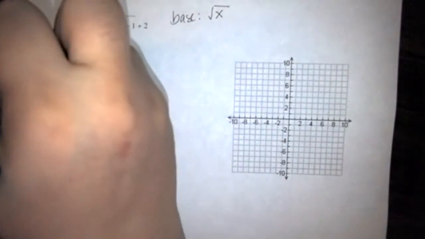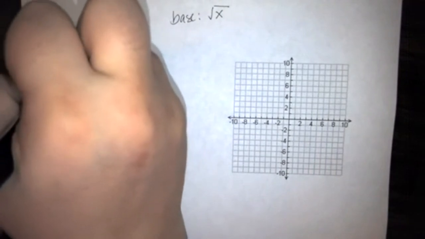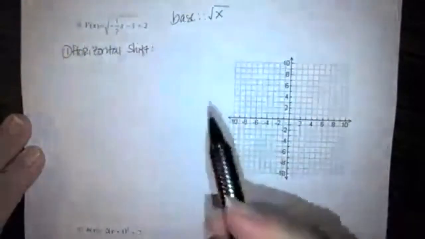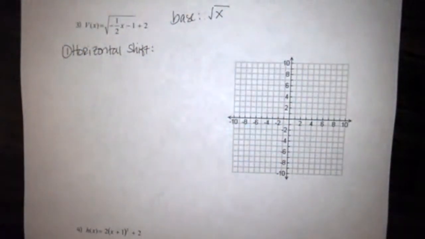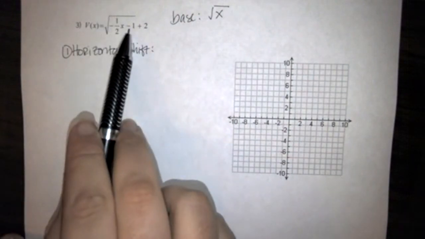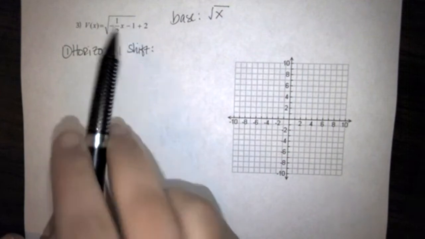So the first thing I have to look for again is that horizontal shifting. Horizontal shift is that internal shift. And that internal shift in this case happens to be the 1. And because of the subtraction sign, this tells us that we are going to the right by 1 unit.